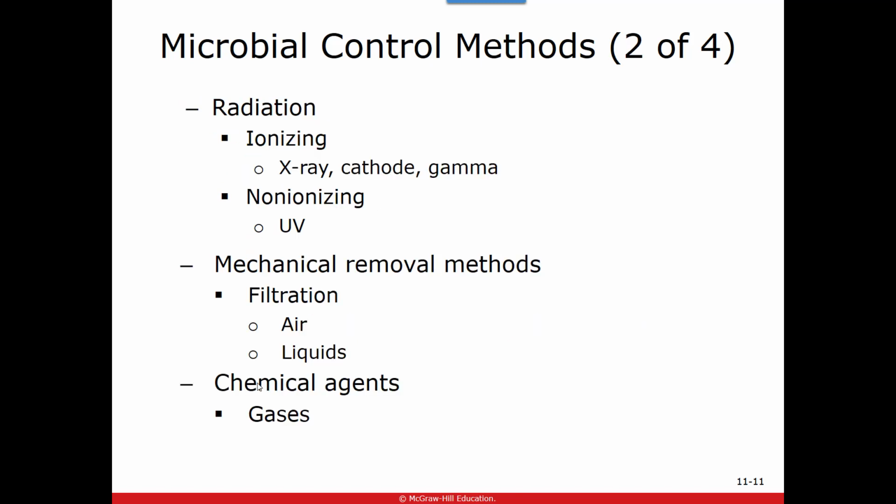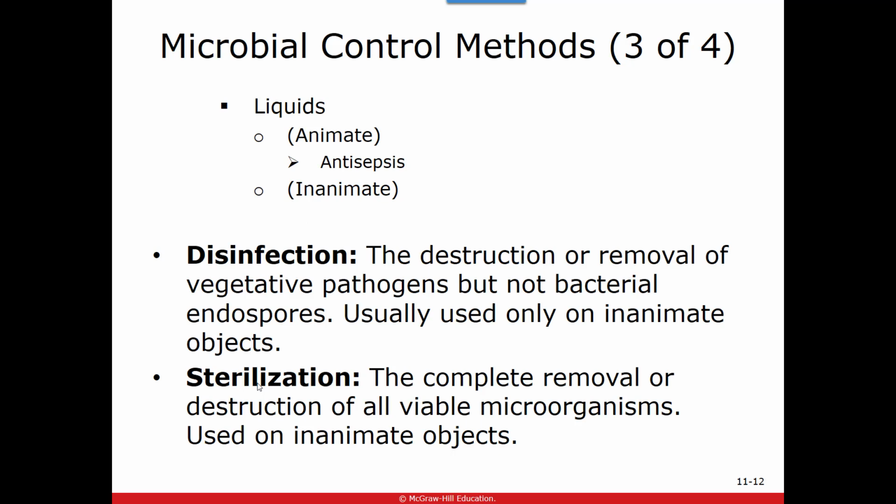We're going to talk about using a couple different types of radiation to control microorganisms. We're going to talk about how we can physically remove them using filters, as well as different types of gases, different types of liquids, and different antimicrobial agents that can inhibit microbial growth.